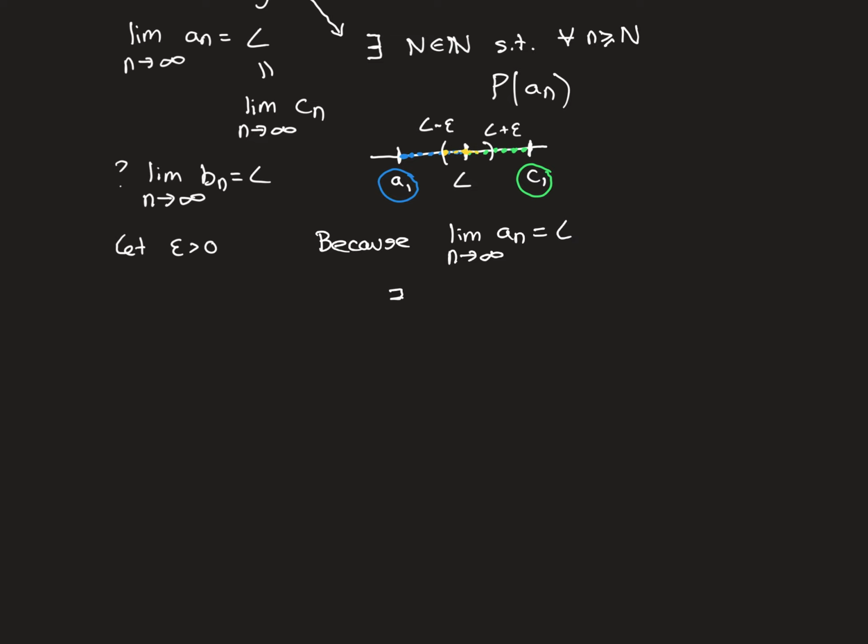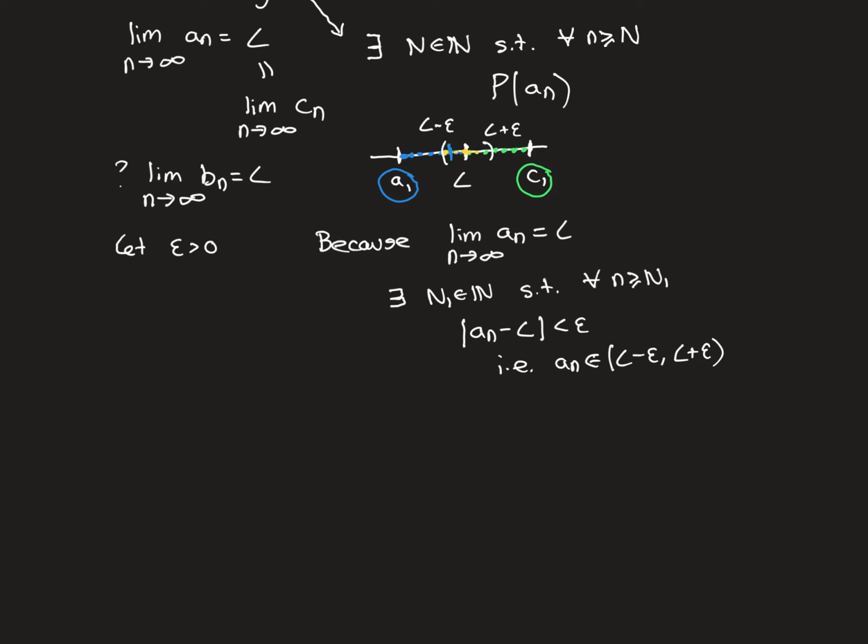That means that there must exist a big N1, an element of the natural numbers, such that for all little n greater than or equal to big N1, the distance between the terms and the limit L is less than epsilon, i.e. all of those terms from big N onwards are elements inside that epsilon interval around L. So we have a point, and I'll do this in blue.